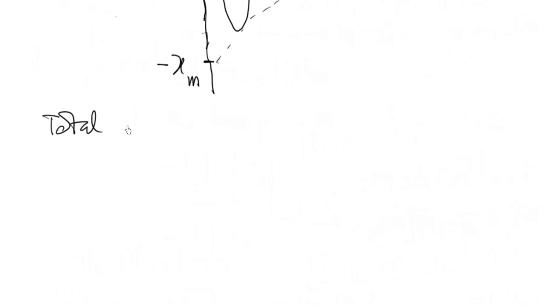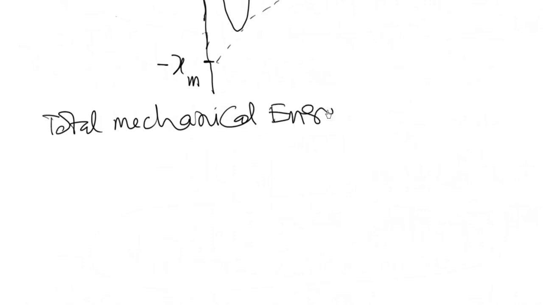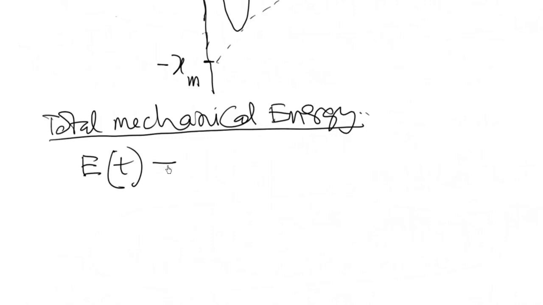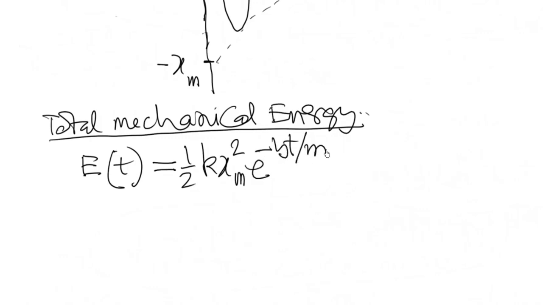Similarly, the total energy, we plot this, and we found that the total energy E of t is half k x_m square e to the power minus bt by m.